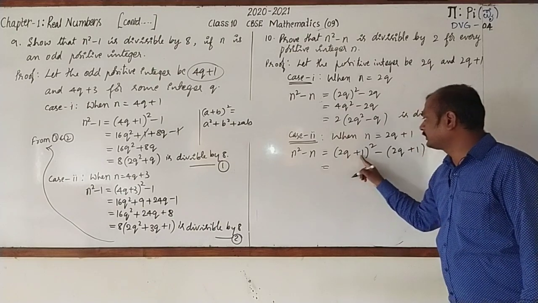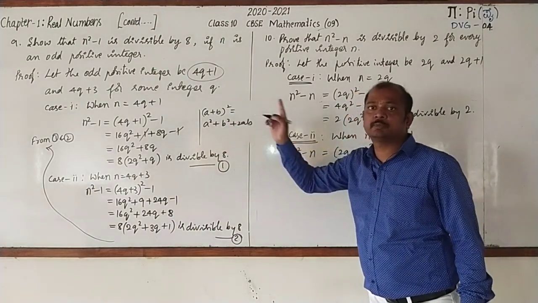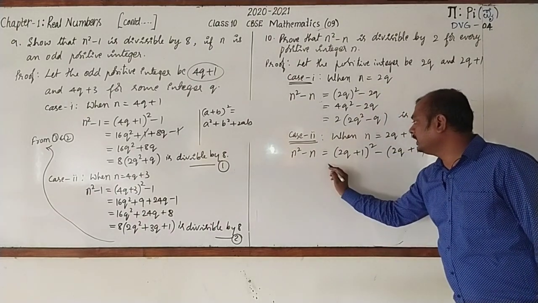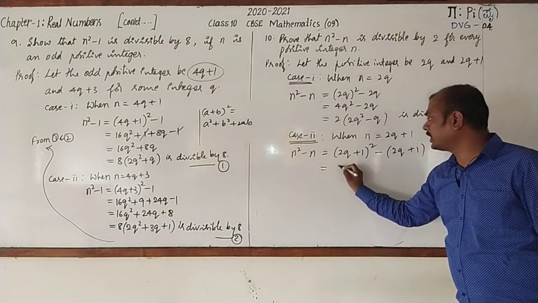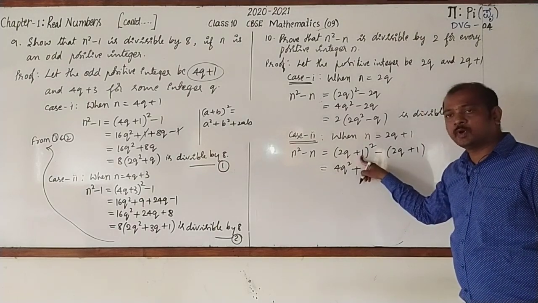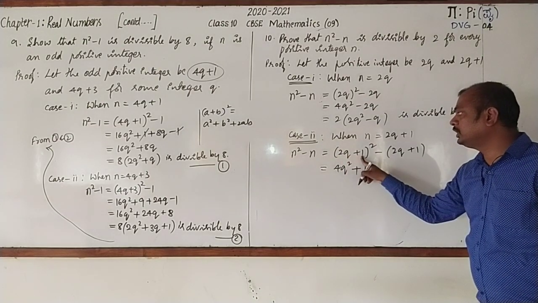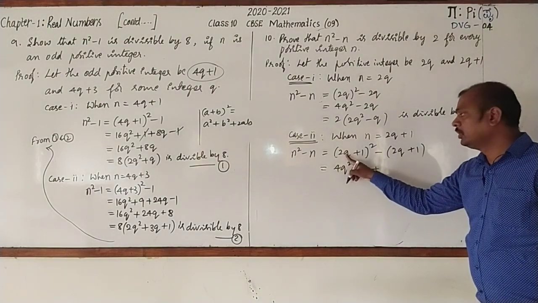Now this is of the form a plus b whole square. I have already written a square plus b square plus 2ab. A square, 2q whole square, 4q square. B square, that is 1 square, is 1, plus 2ab, 2 into 2q into 1. 2 2s are 4, 4 1s are 4, 4 into q, 4q.